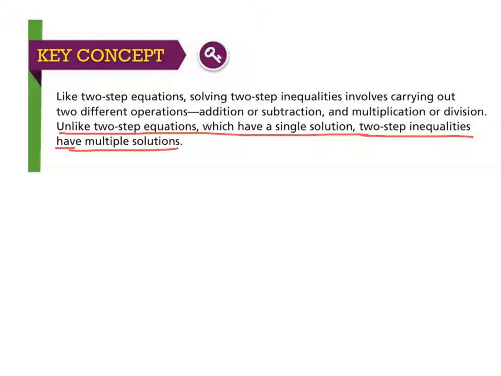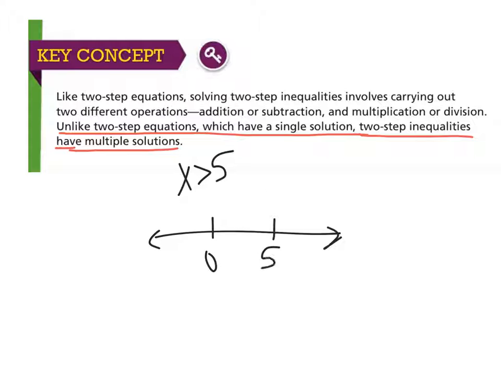If you look at the key concept, just to make sure we understand this, with two-step equations, there's only one solution, only one answer, like x equals 5. Two-step inequalities have multiple solutions. Like if we got x is greater than 5, any number that was bigger than 5 would work. Okay? So like 5.5 would work, 7 would work, 1,000,000 would work.